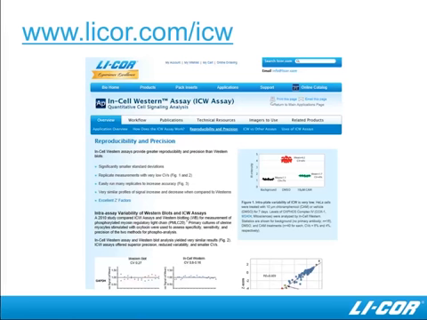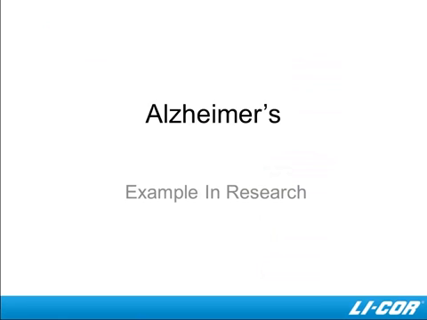So let's talk about how a group has used the In-Cell Western Assay in their own research, and specifically with Alzheimer's disease. Now, just to give a little bit of background for Alzheimer's, since we have a diverse crowd here, Alzheimer's has a couple different hallmarks. The main biology hallmarks, when you look at an Alzheimer's patient, are A-beta 42 plaque formation, as well as hyperphosphorylation of tau.